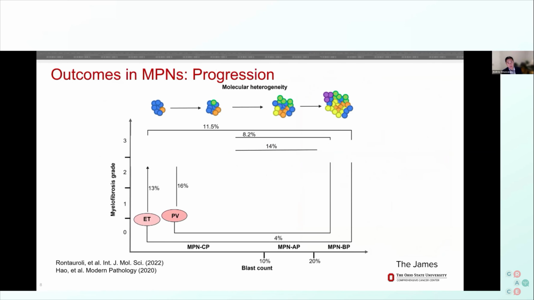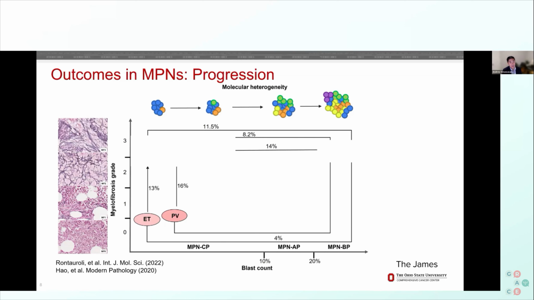So the natural history of these diseases, ET and PV, I think of more as the early forms of these diseases, with increased red blood cells and increased platelets. These diseases can progress across two different axes. Number one, as I mentioned before, with the ongoing activity, scar tissue can really develop, as you can see on this left side of the patient's bone marrow biopsies, with the scar tissue or fibrosis highlighted by those fibrotic networks in dark blue.